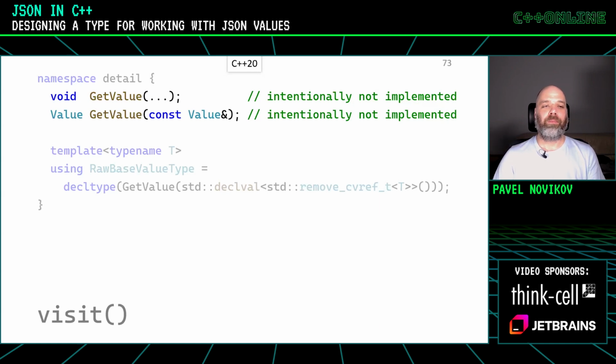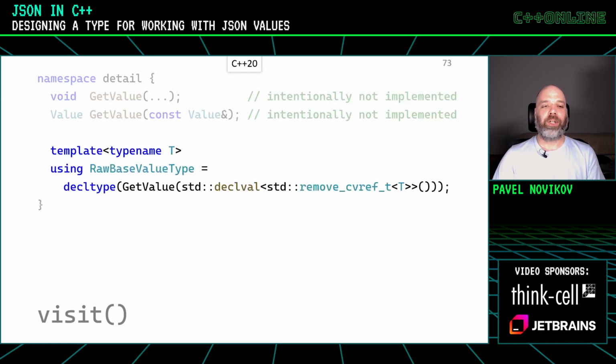So by calling get_value for any type, we get the first overload for literally any type, but if the argument is derived from value, we'll necessarily get the second overload.